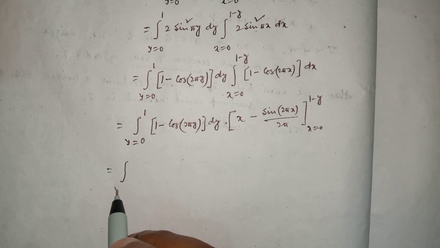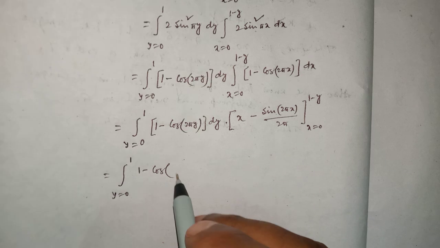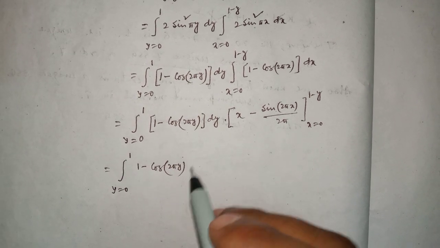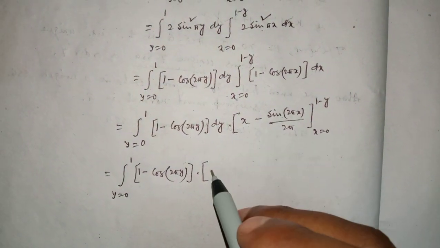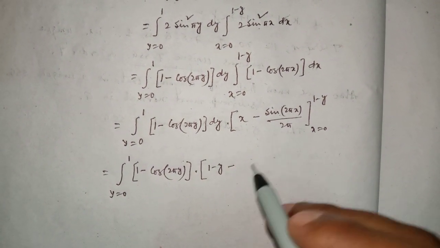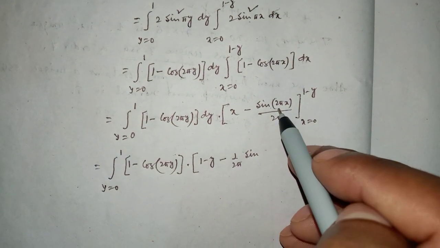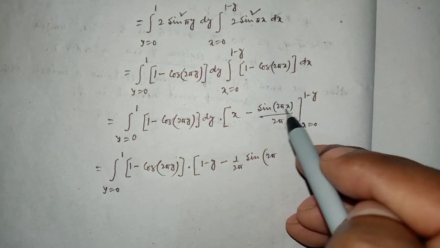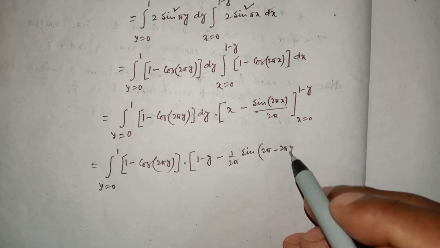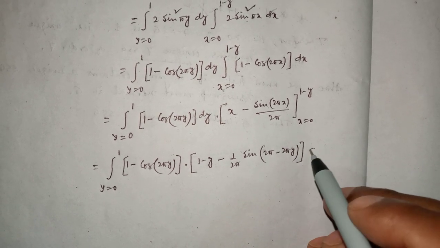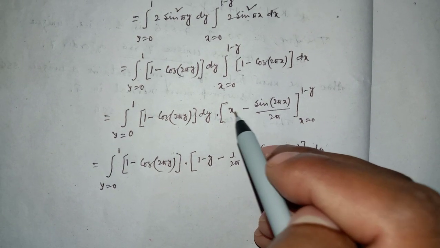This equals integration of (1 minus cos 2πy) into (1 minus y minus 1 by 2π into sin 2π into (1 minus y), that is sin(2π minus 2πy)) dy, because if we put x equal to 0 this is 0.